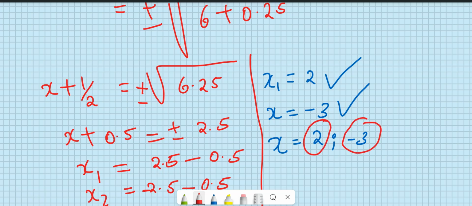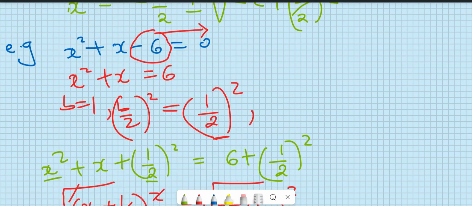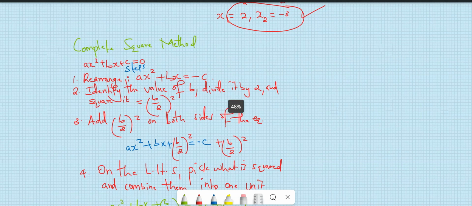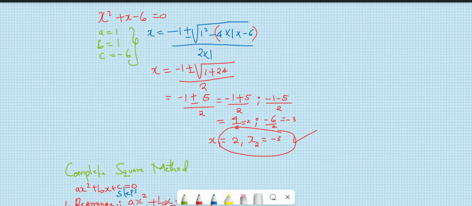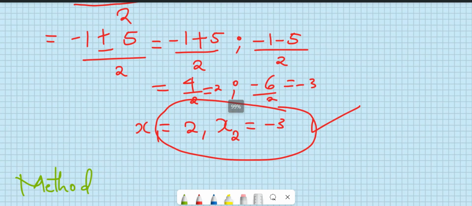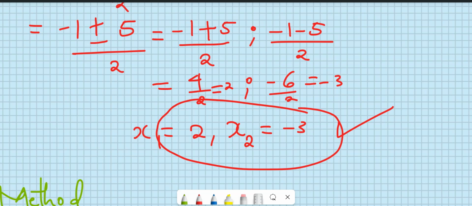So regardless of the method, you will still end up having the same answers. That's also what we got using the first method. So that's simple. That's it.